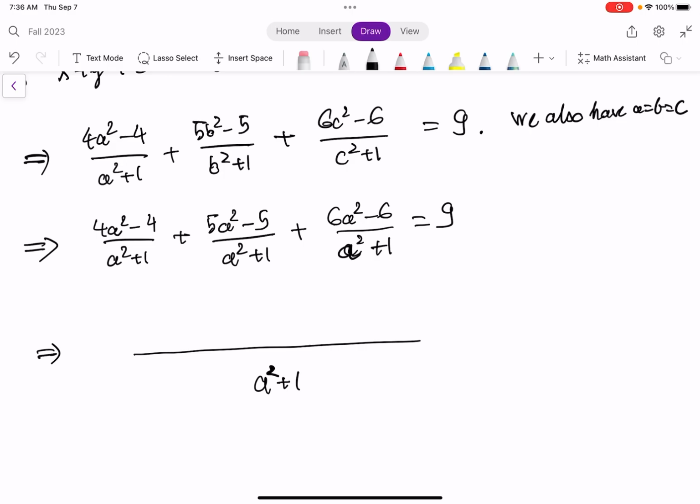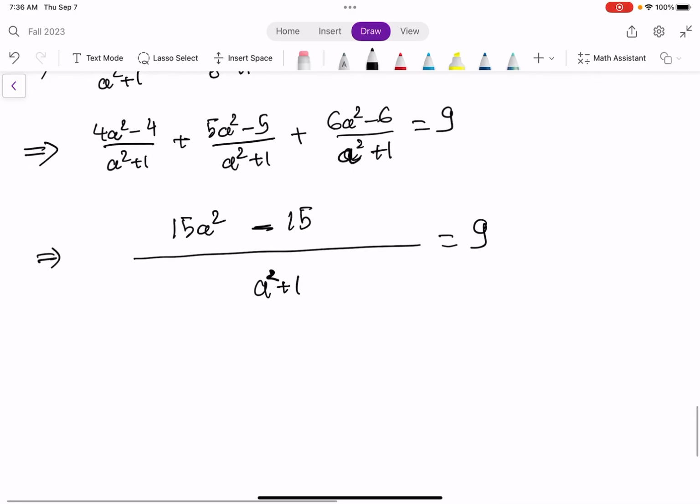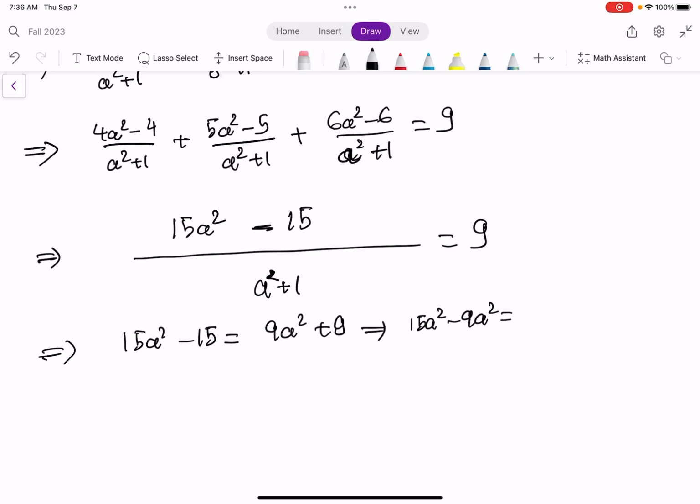And on top, we're going to have 4a squared plus 5a squared plus 6a squared, which is 15a squared, minus 4 minus 5 minus 6, which is minus 15, equals 9. Okay, and then you can solve for a. You can do some cross multiplication: 15a squared minus 15 equals 9a squared plus 9. You do some rearrangement: 15a squared minus 9a squared equals 15 plus 9. So you get a squared equals 4.